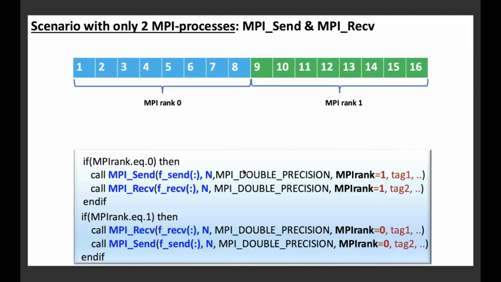First, on the CPU side, this is an example which shows only MPI. For simplicity, I will take only two MPI processes, so our data are split in two portions, and each will run on a different process.